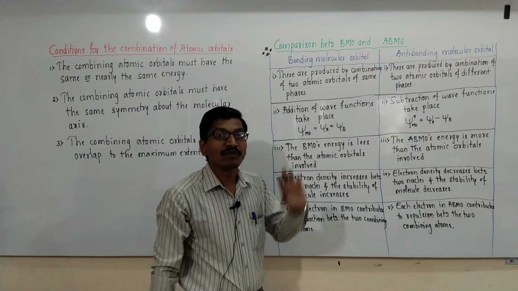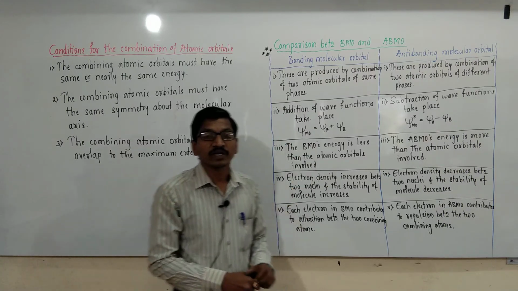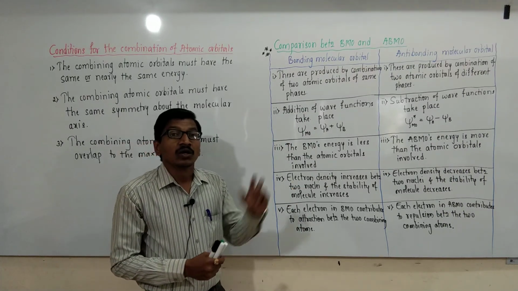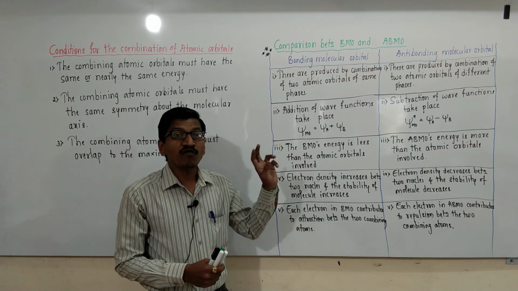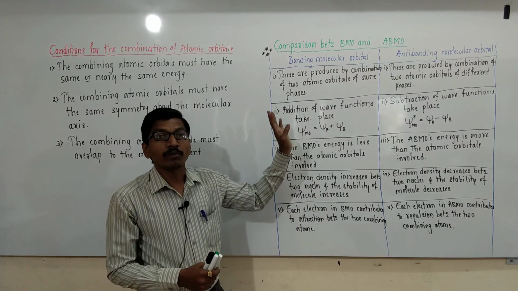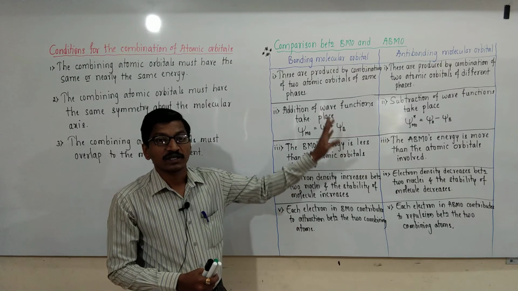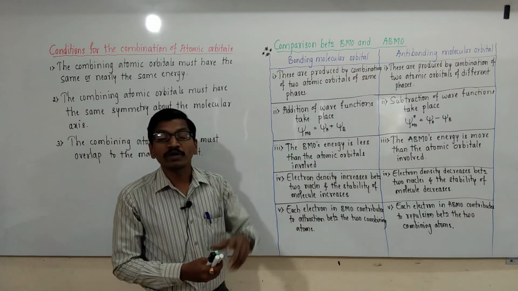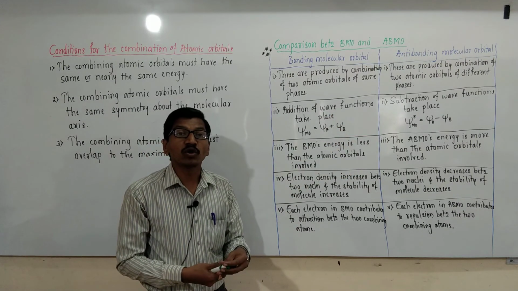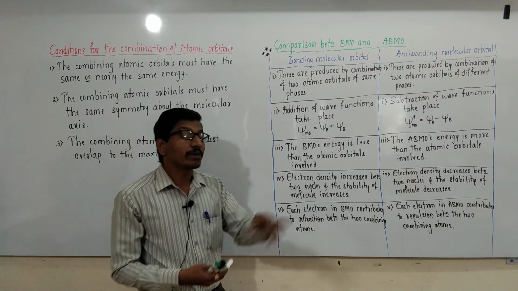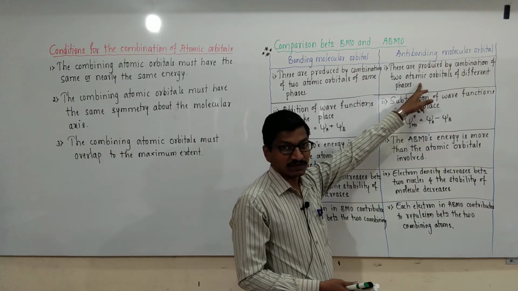Here the bonding molecular orbitals are produced by combination of 2 atomic orbitals of same phase, but anti-bonding molecular orbitals are produced by combination of 2 atomic orbitals of different phases.